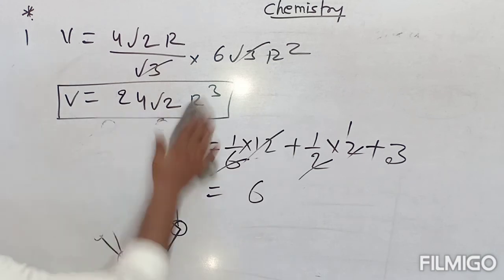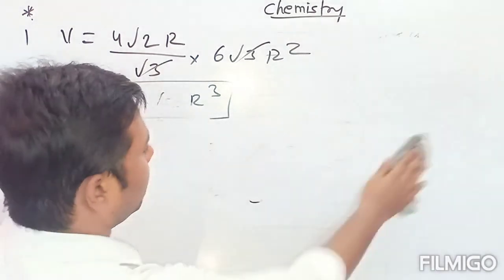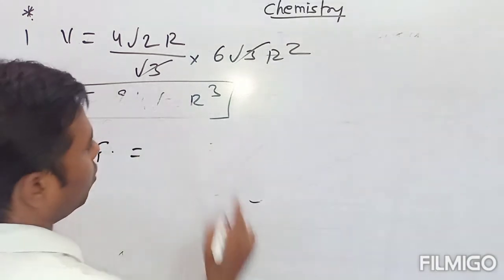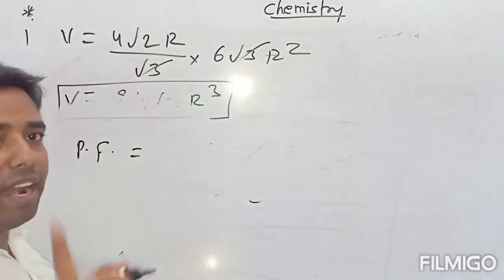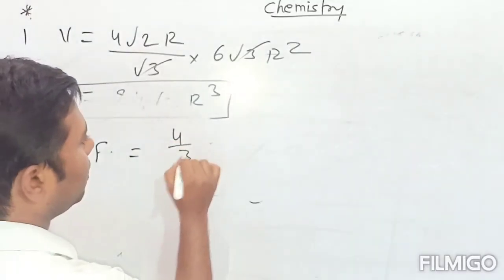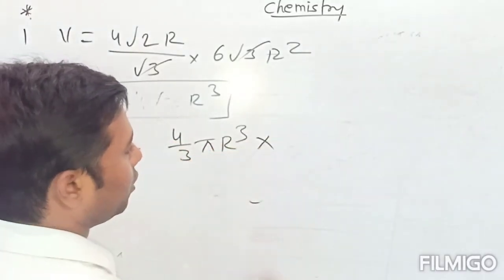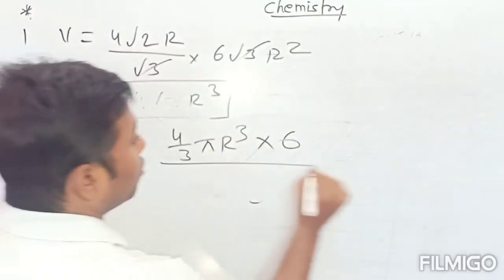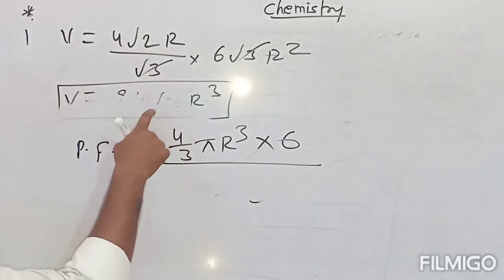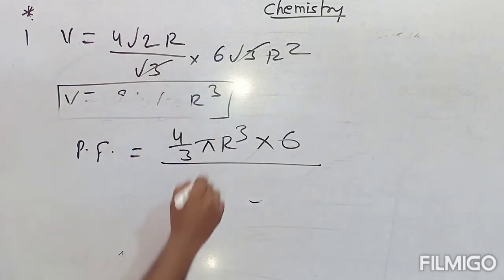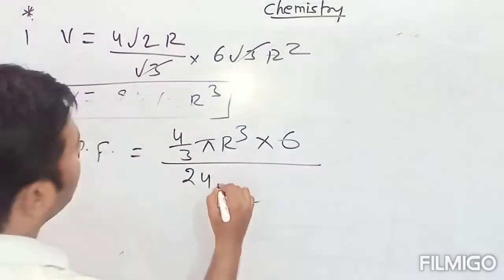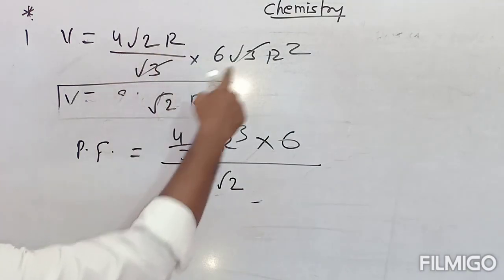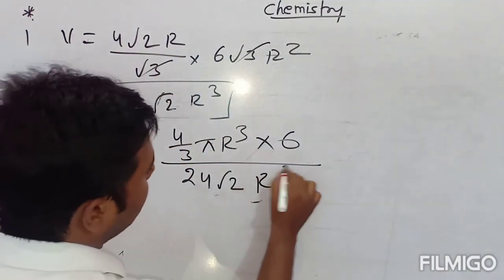Hence, the packing fraction is equal to the volume covered by one atom, 4 by 3 pi r cube, into the total number of atoms, which is 6, by the total volume of the hexagon, 24 root 2 r cube.